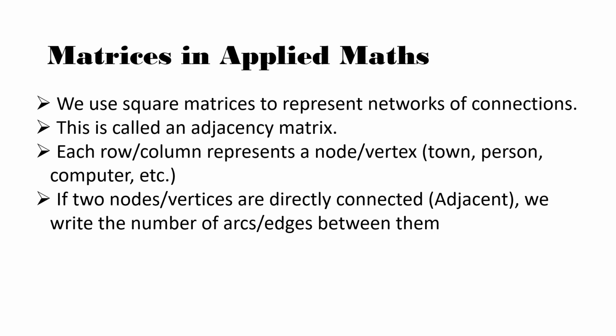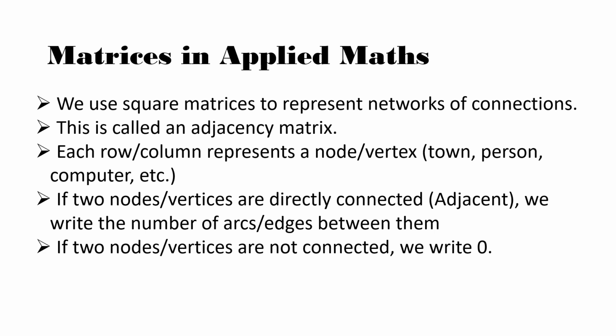And if two nodes or vertices are directly connected, so we think of this as them being adjacent, so beside each other, we write the number of arcs or edges between them in the matrix. And if they are not connected, if they've no connections, we write 0. So we're really getting how many direct connections. And we do mean direct, straight between each other, adjacent.